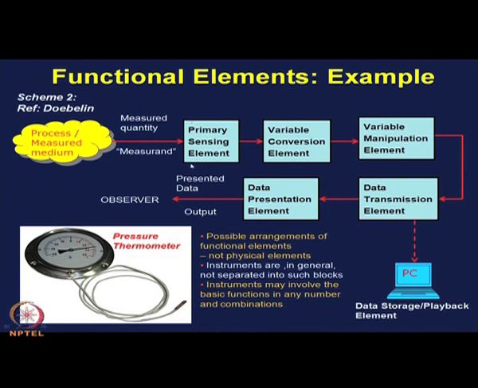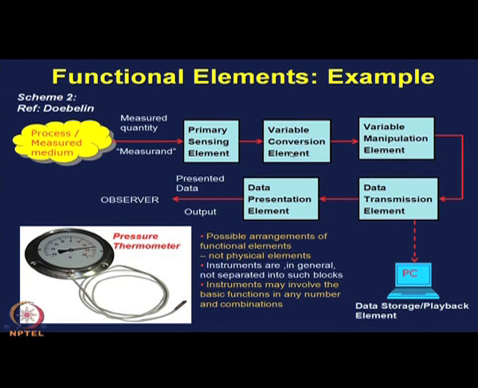The first functional element, called the primary sensing element, interacts with the measuring medium first, receives information about the measured quantity and produces an output which is related to the input to the primary sensing element that comes from the measuring medium.